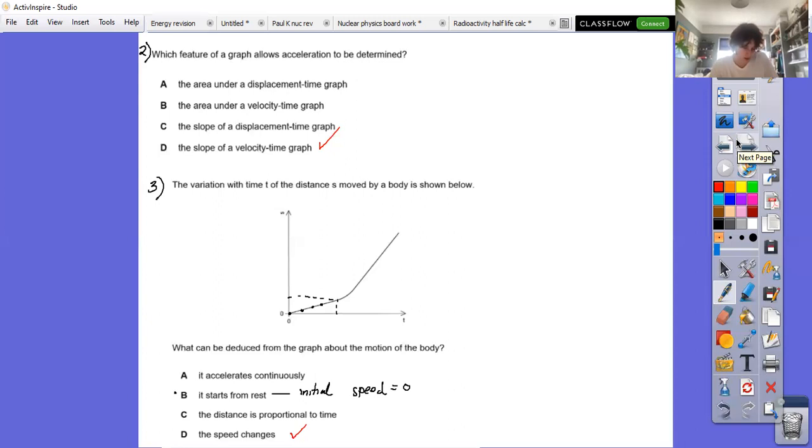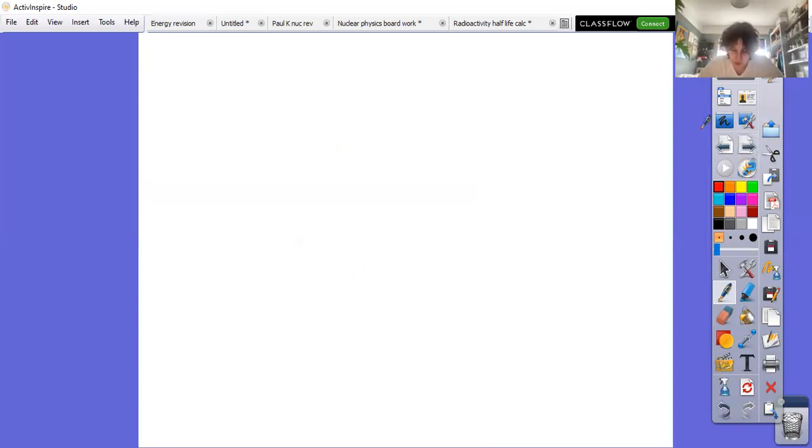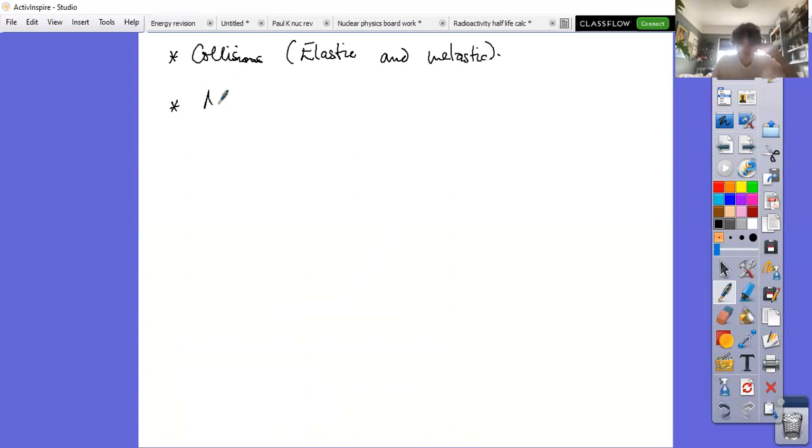I was looking at collisions, elastic and inelastic collisions, and also turning forces, like moments.